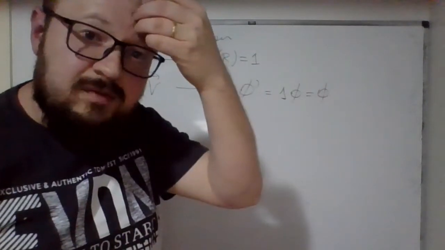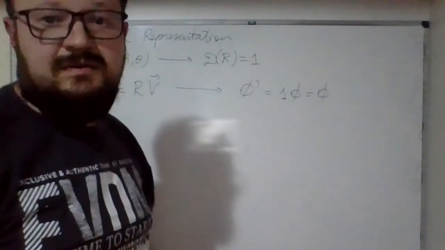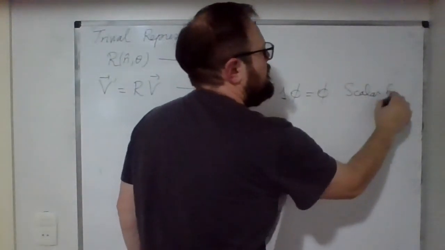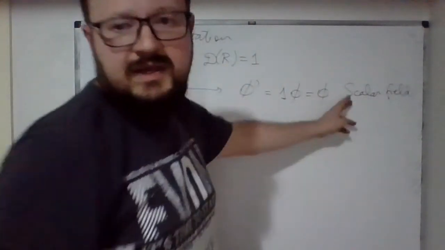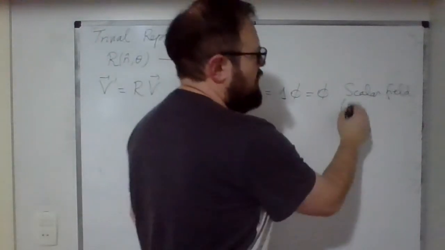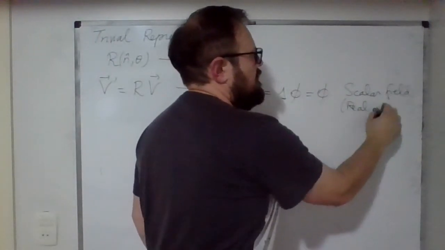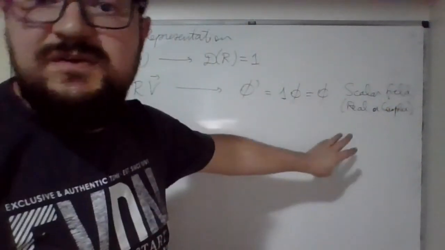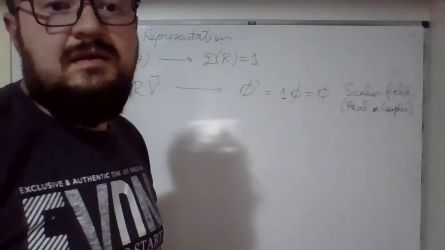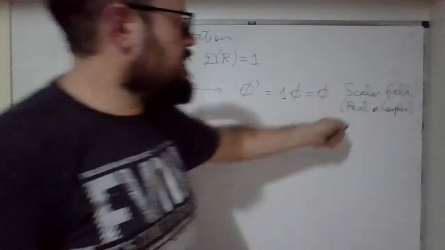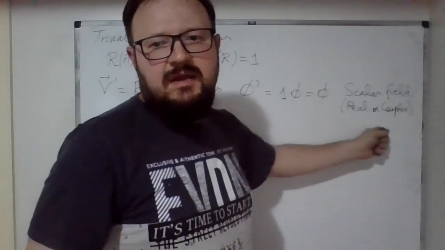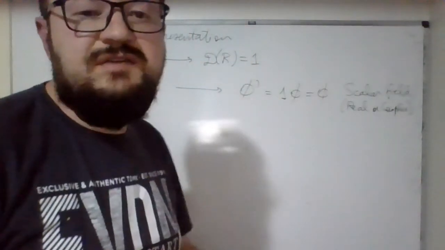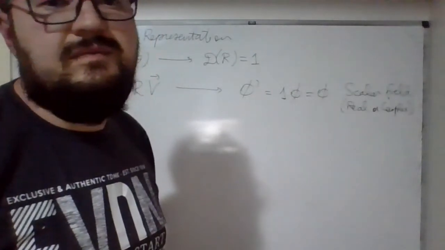What is unchanged by rotations? Scalars. So this is a scalar field. It can be real or complex. For quantum fields, it has some importance because real fields are chargeless and complex fields are charged under certain interactions.